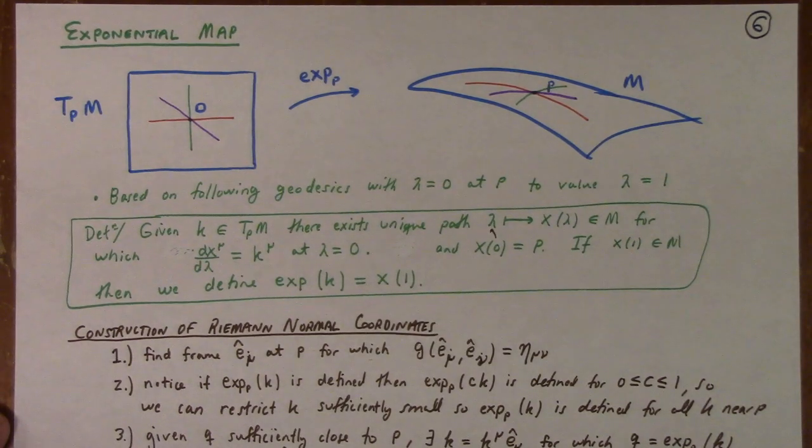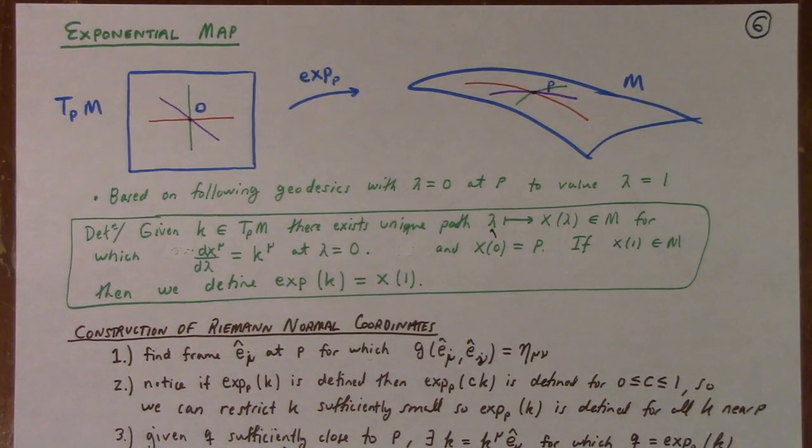There's enough freedom in your choice of coordinates that you can choose coordinates which at a point make the metric become the Minkowski metric, and also make the first derivatives of the metric 0 at that point.